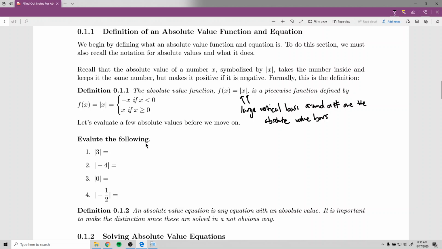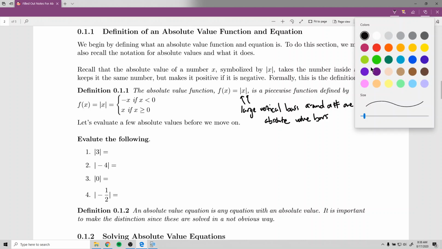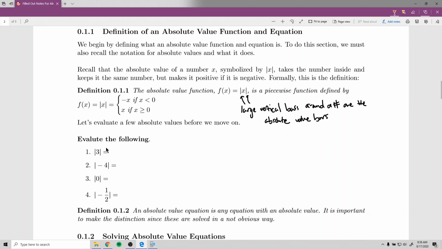The absolute value of 3. Well, since it's positive, it's just exactly that. So the absolute value of 3 is equal to 3. It stays the same since it's not negative.